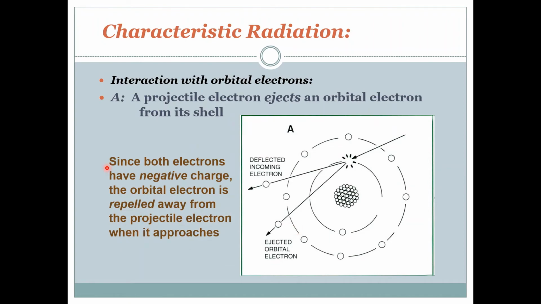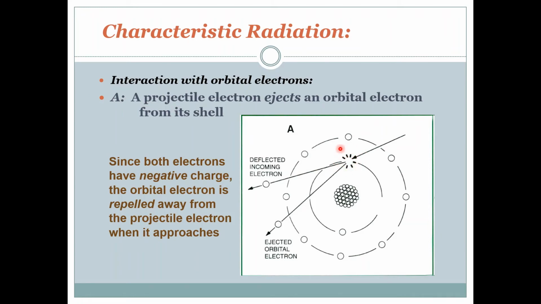Our second type of interaction: we mentioned there are two options, to interact with an orbital electron or interact with the nucleus. An electron, if in the right position and if it has the right amount of energy, may interact with an orbital electron. The projectile electron is ejected from its shell, creating a shell vacancy.